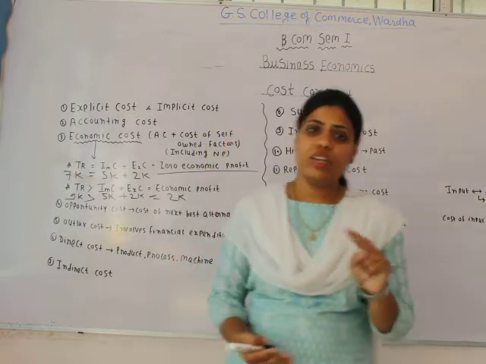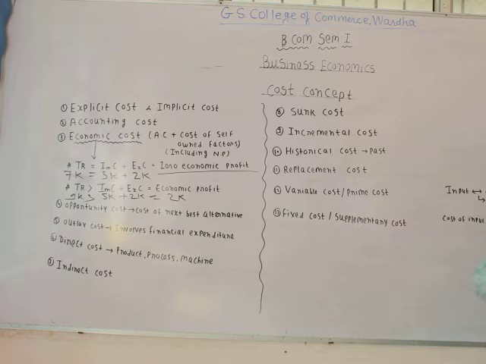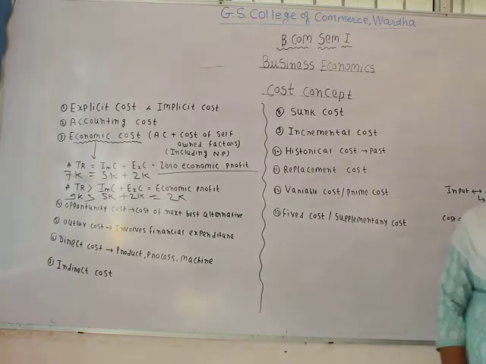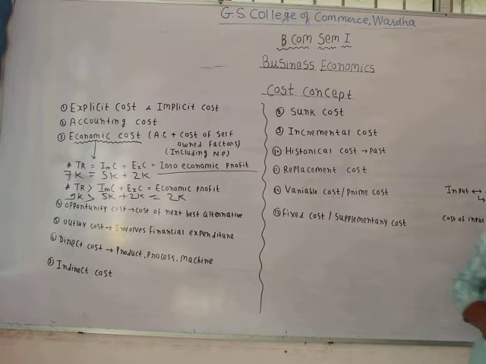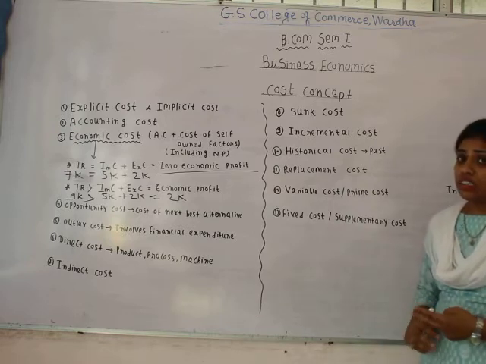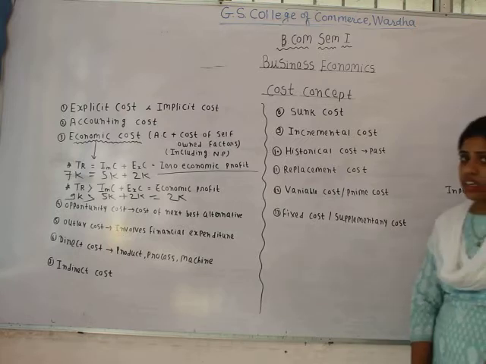But you can use this piece of land for only one purpose. So if you choose one, you have to forego the other. The profit that you would have earned by using that land for another purpose is being foregone. That sacrifice, that foregone profit, is known as opportunity cost.